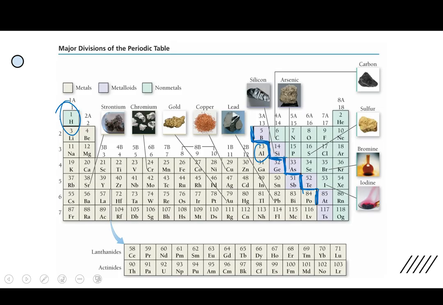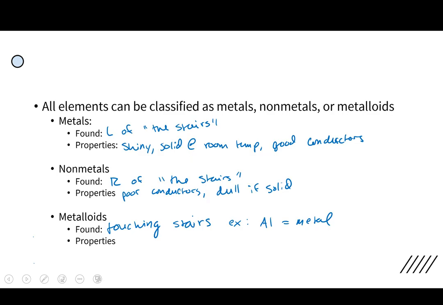And it has to be physically touching the stairs, so something like tin, which is kind of on the corner, touching the corner of the stairs, is not a metalloid. It has to be touching on the left or the right. Metalloids' properties are just in between those of metals and nonmetals. They are sometimes called semiconductors. Have you ever heard of semiconductors? That means they conduct electricity under certain conditions.